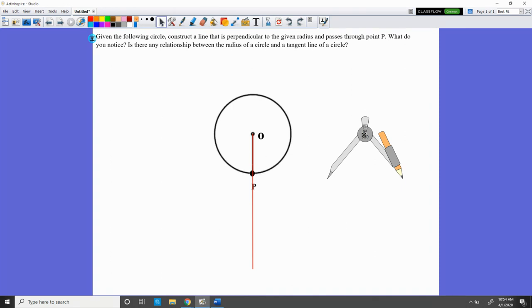Recall that in order for us to create a perpendicular line, we have to create our circle of rotation. Let's create our circle. Let me draw a new color for us. Let's make it blue. Here we're going to make our mark. Let's rotate. We're going to create another mark.